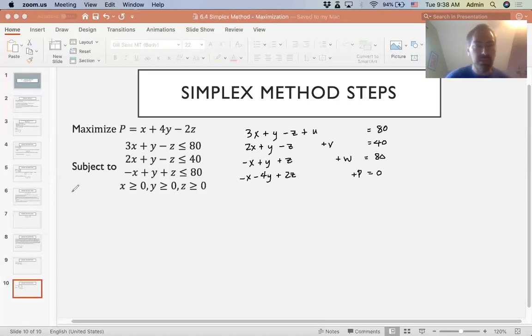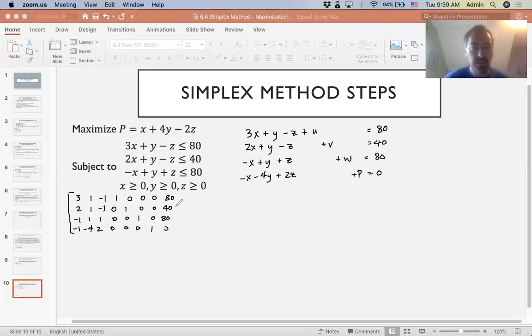Okay, so now we can write this as our matrix: 3, 1, negative 1, 1, 0, 0, 0, 80; 2, 1, negative 1, 0, 1, 0, 0, 40; negative 1, 1, 1, 0, 0, 1, 0, 80; and negative 1, negative 4, 2, 0, 0, 0, 1, 0.